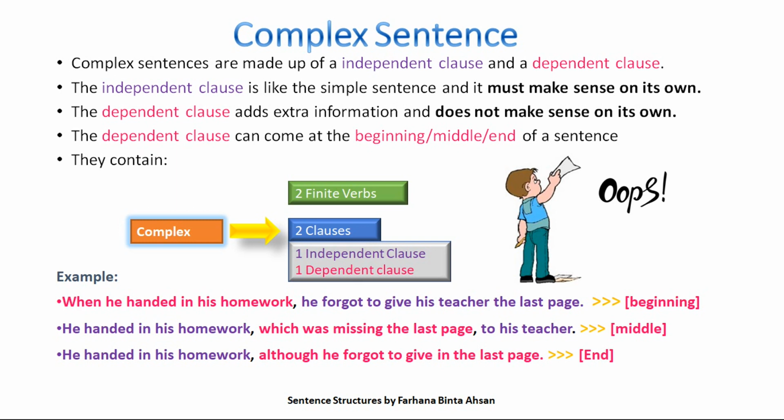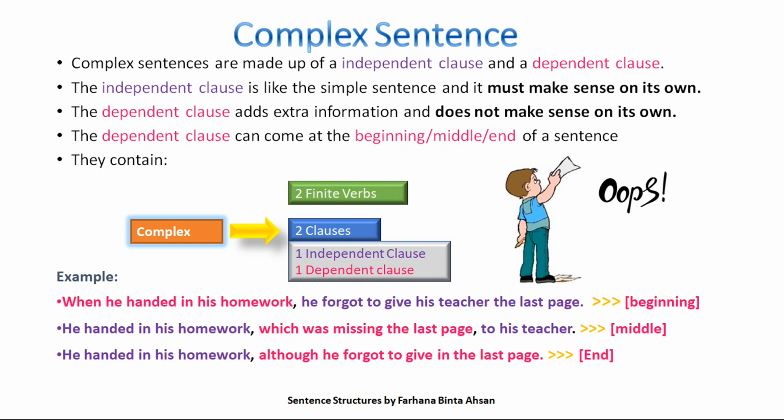Let's take some examples. When he handed in his homework, he forgot to give his teacher the last page. This is the example of the dependent clause at the beginning. Here we use the dependent clause in the beginning of a sentence. Now let's go to the second example. He handed in his homework, which was missing the last page, to his teacher.